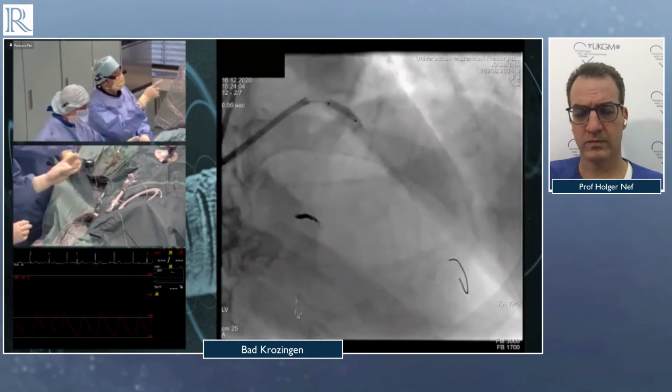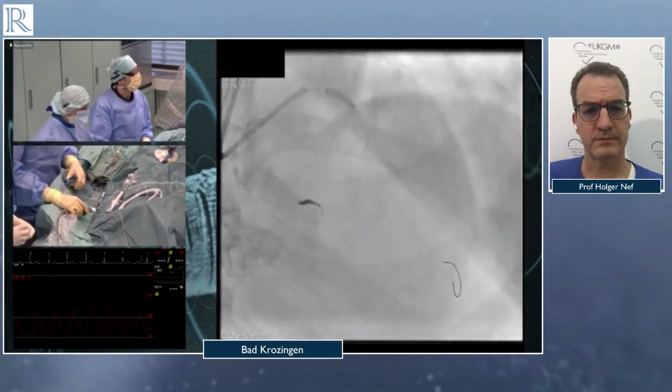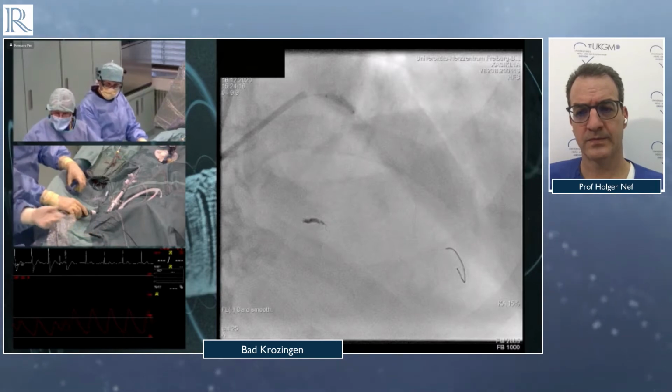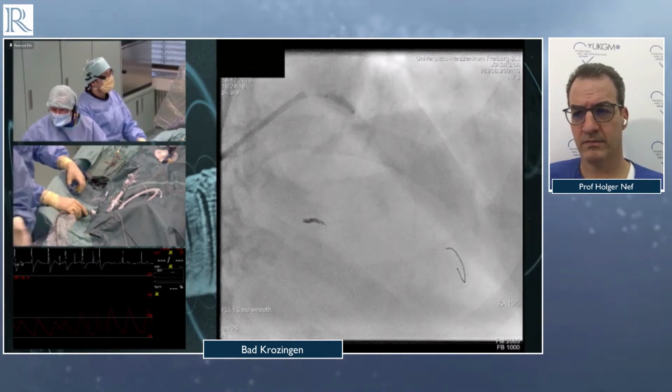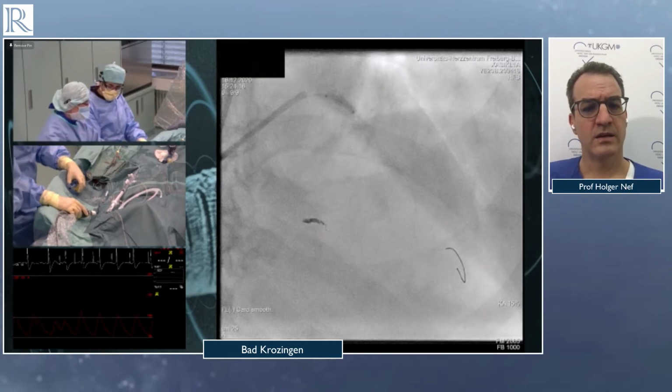And look here, it's already very well expanded, as you can see here in the proximal LAD, and for that we have to spend the majority of our possible energy.